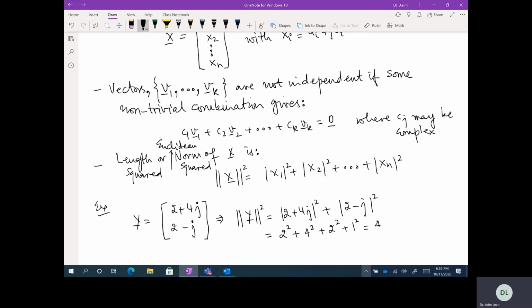So this is 4 plus 16 plus 4 plus 1, which is 25. This implies the length of the vector is 5.